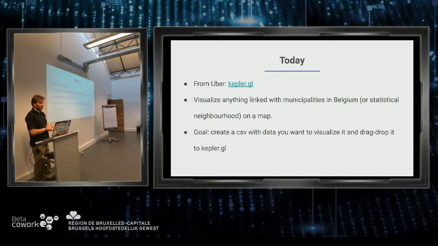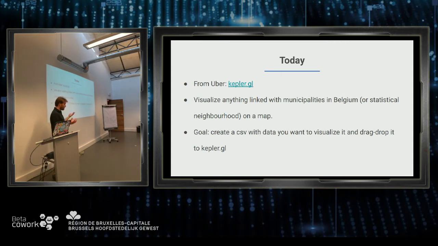Today, what we want to do is use a tool called Kepler.gl, which, as I mentioned, was open sourced by Uber. It's a very nice tool to visualize anything that goes on a map, and it's fairly efficient at doing so. In our case, we'll look at stuff linked with municipalities or statistical sectors, statistical neighborhoods, on a map.